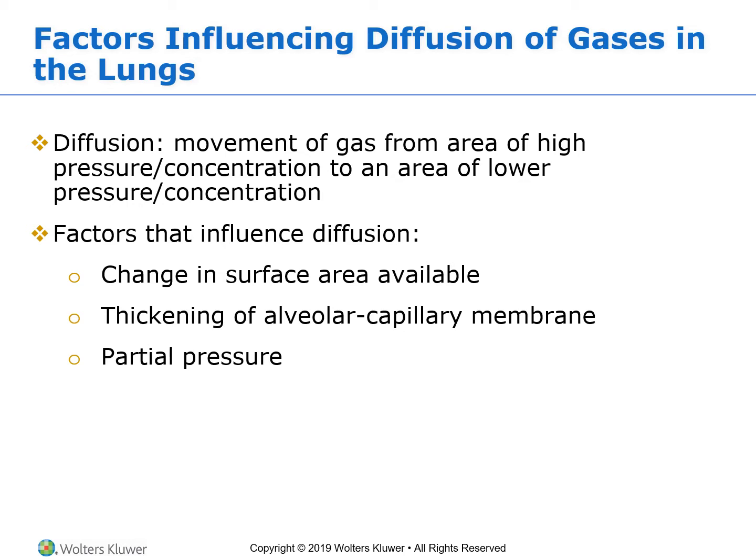And so once it gets into the blood, then it's going to be going out to all the tissues in the body. So again, it's moving from that high area of concentration to that lower area. So the carbon dioxide will diffuse across the capillaries into the alveoli and go out of the body for the same reason, because it's moving towards that area of lower concentration.